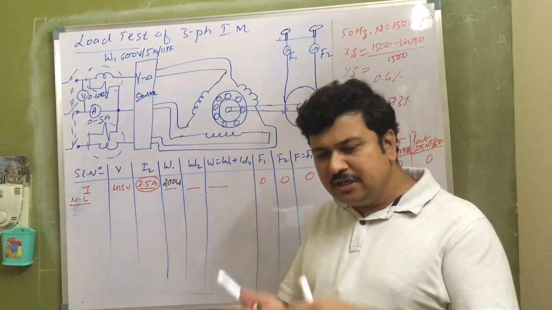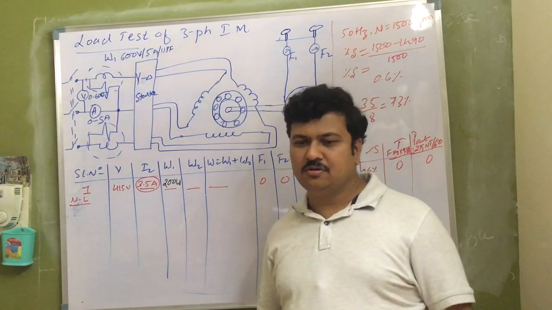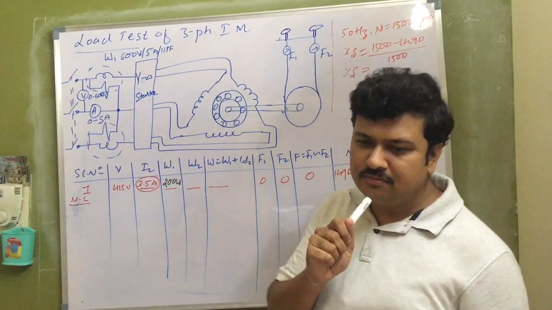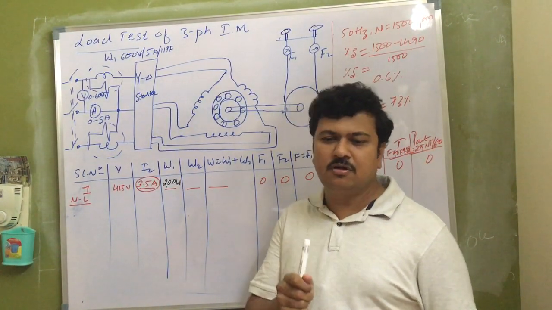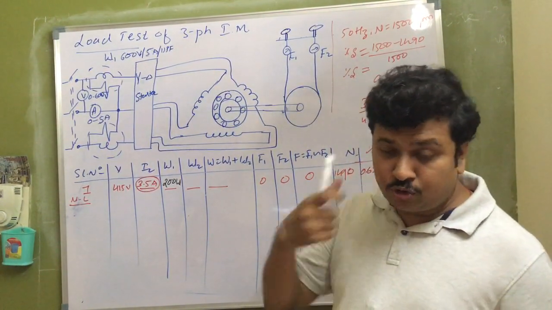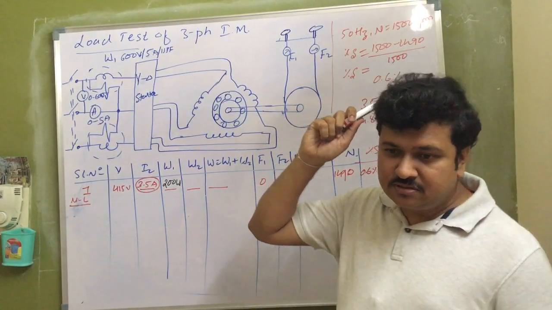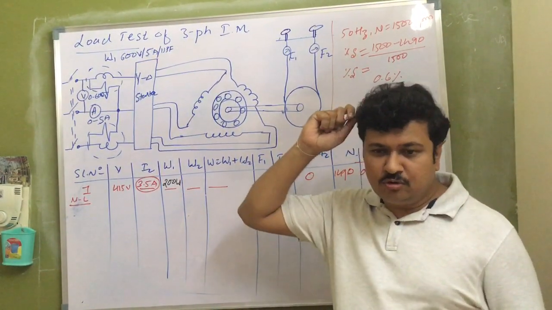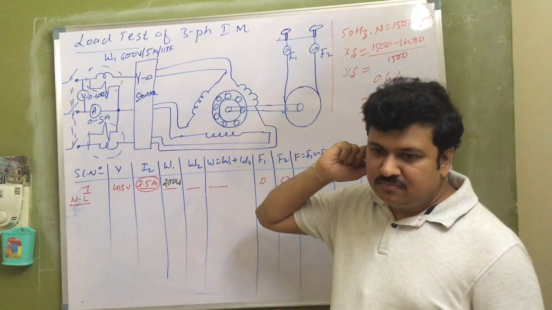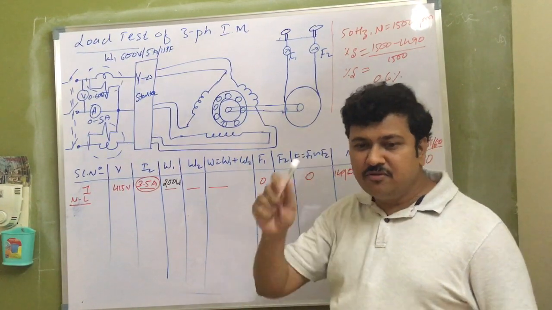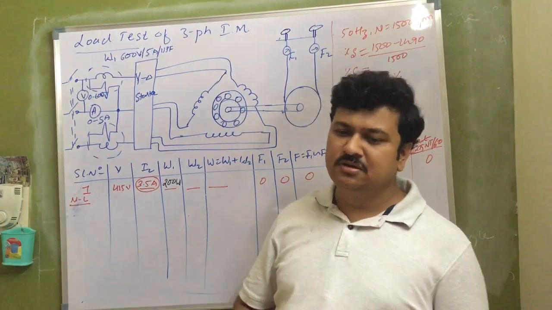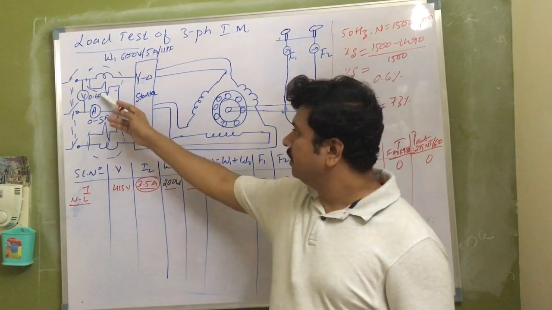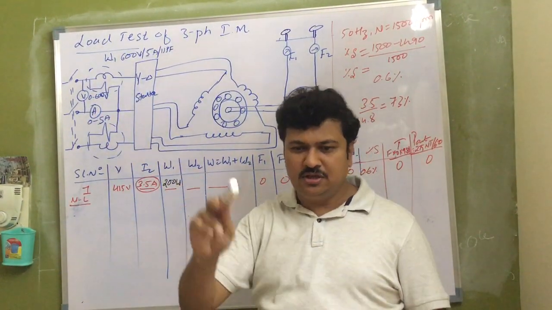It will try to show readings below 0. Why is that? What is the reason for that kind of behavior of the wattmeter? You should go back to third semester's measurement class and second semester's 2 wattmeter method class, where there is an effect of the power factor of the load on the wattmeters when I use the 2 wattmeter method of measuring 3-phase power.